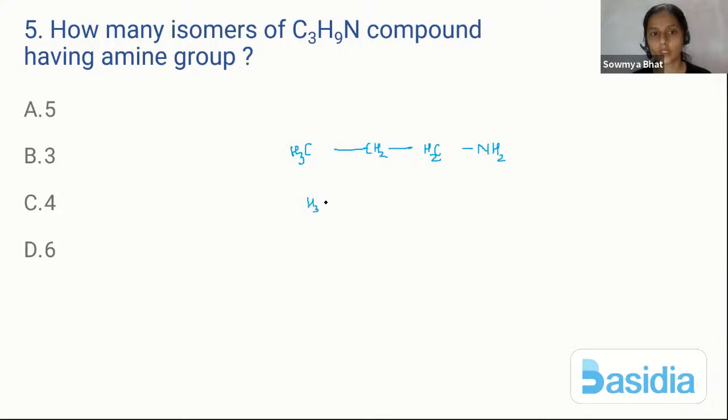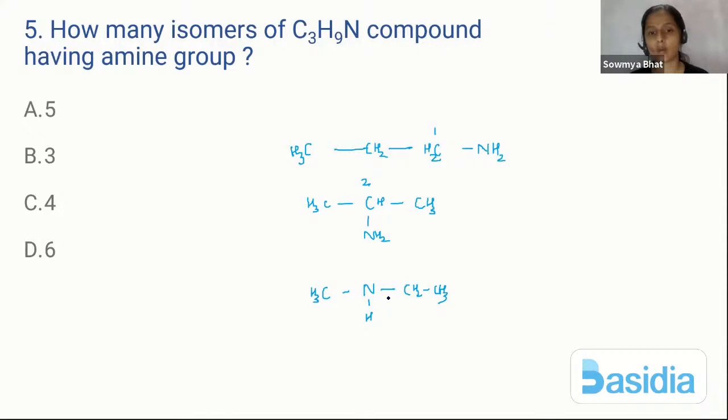What we can do is change the position of this amine group. Now this is at the first position. We can take this amine group to the second position, so that this is the second isomer. What is the third option? You can't put NH2 here, because then again it is equivalent to the first position. So you can keep NH here and attach different groups on the sides. We can attach CH3 here and CH2CH3 here. We are bringing the nitrogen to the center.